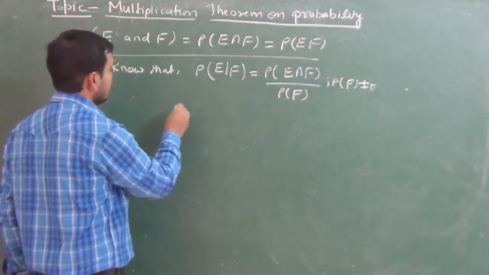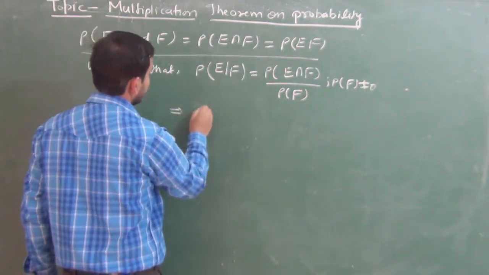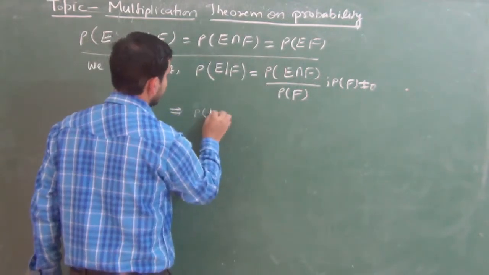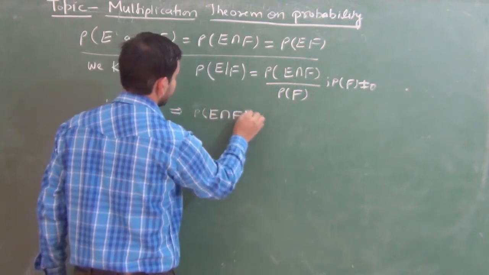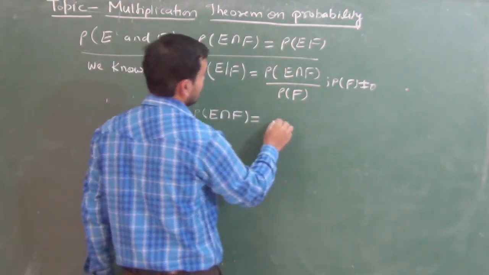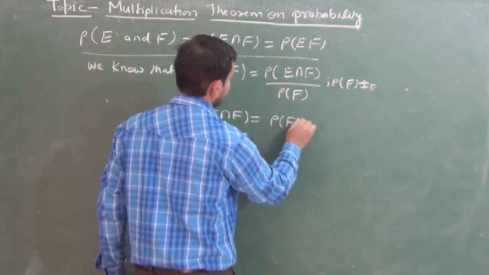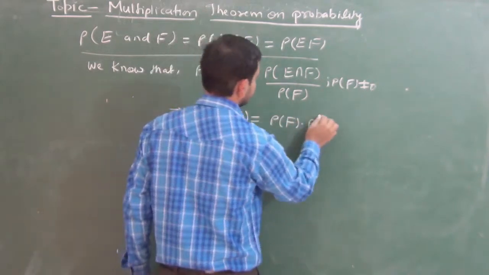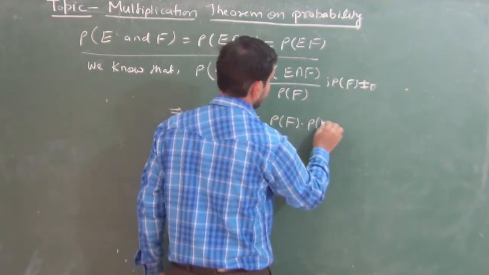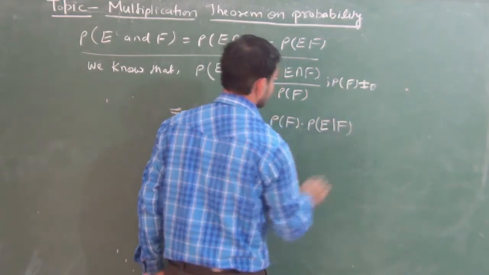So from here we can get another result. Probability of E intersection F is equal to probability of F into probability of E conditional F.